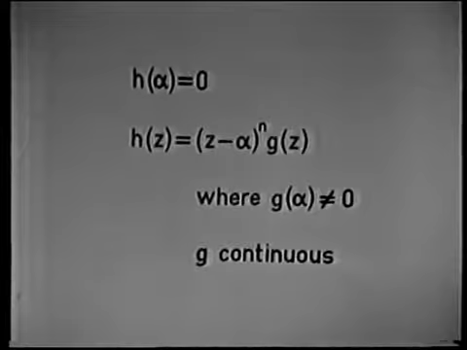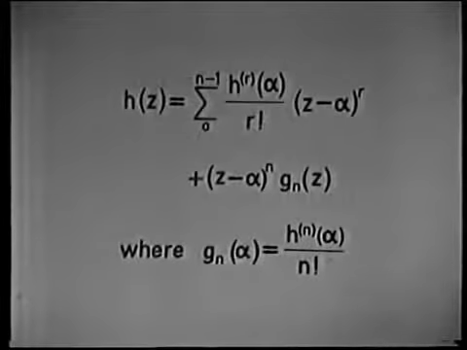The proof that we can do this comes from the finite form of Taylor's theorem. If the first n-1 derivatives of h are 0 at alpha, and the nth derivative is not 0, then we choose this form of the expansion.